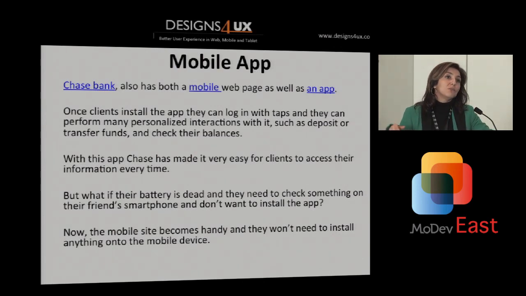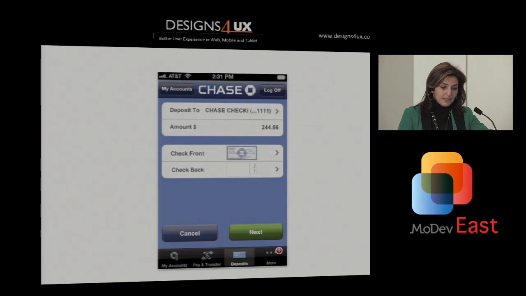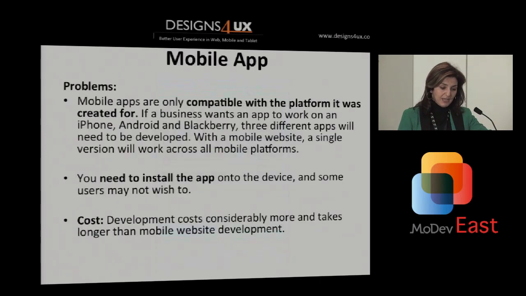This is where the mobile site becomes handy, because you can get into the mobile site, log in, and get not all the functions, but at least many of those that you need, and then you log out. So this way you see that you can use both of them on different occasions. And this is one image of that.